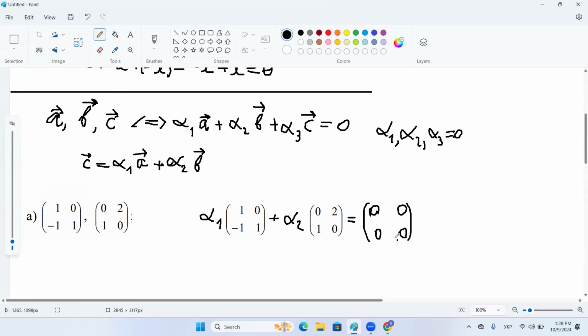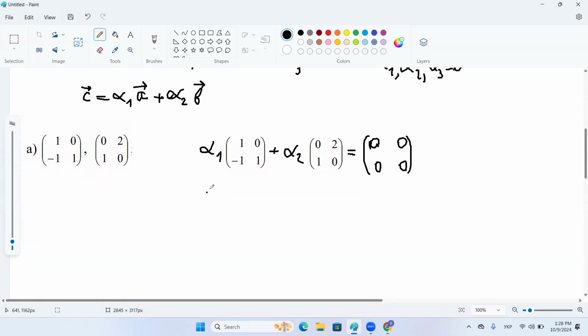And now let's calculate. So alpha 1 and alpha 2. We just need to add these matrices. Alpha 1 here is 0, moving next, here is 0, but here we have 2 alpha 2.